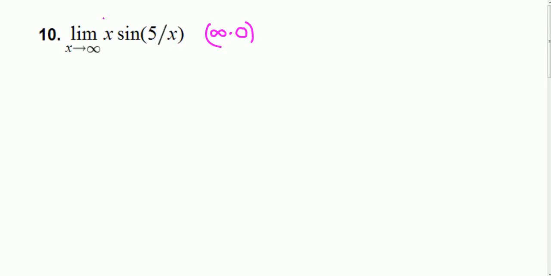To evaluate this limit, we want to write this as a fraction, so that we might get 0 over 0 or infinity over infinity, in which case we can use L'Hopital's rule. But we have a product, so we want to write it as a fraction. As in the previous question, when we have a times b, we have two options to change this into a fraction.